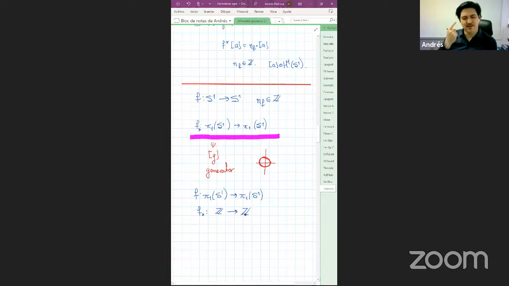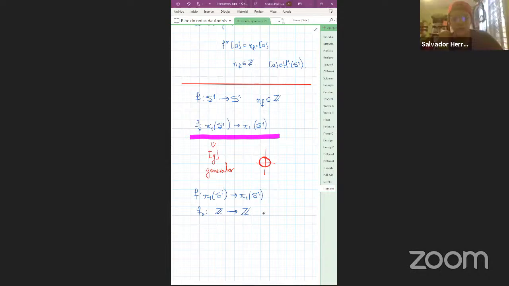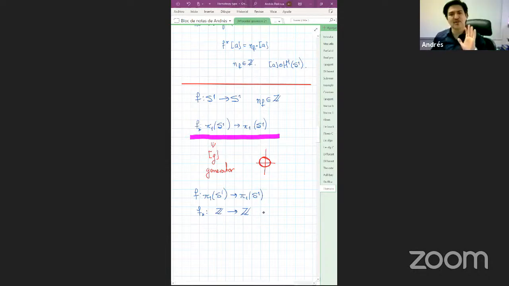It depends only on the generator. What? The group of automorphisms of this. In general, you have a group, and the question is, what is the set of all group morphisms from the group to itself?